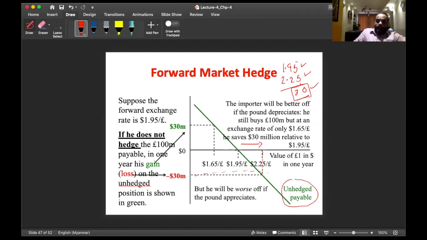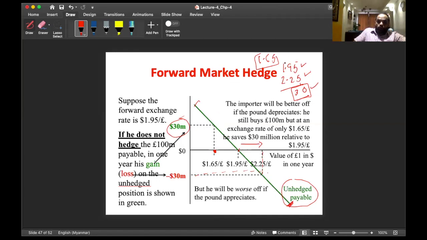But if the spot rate goes down and you are in an unhedged position, you will make a profit, right? So if your price goes to 1.65, remember, this is for unhedged. You have not entered any kind of contract.